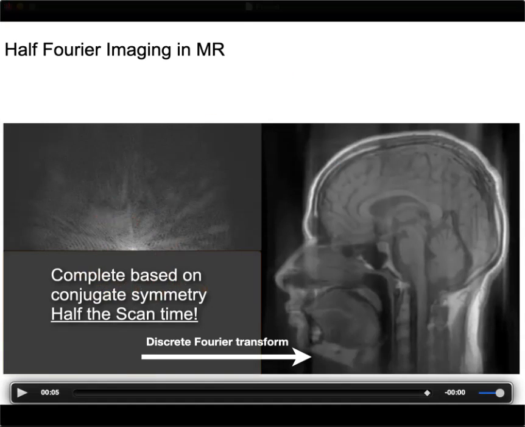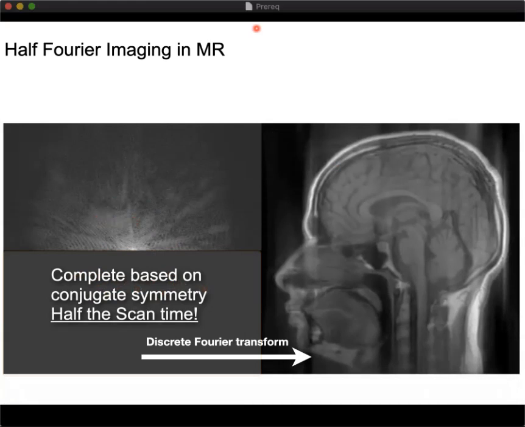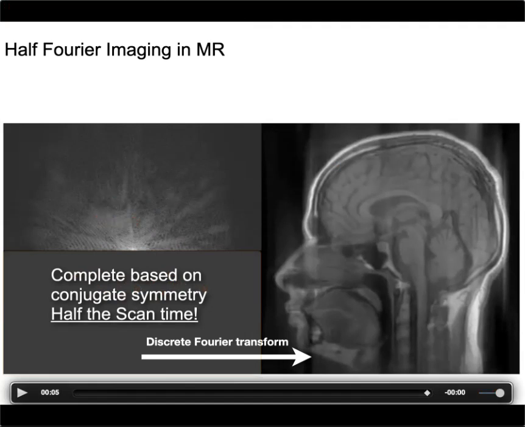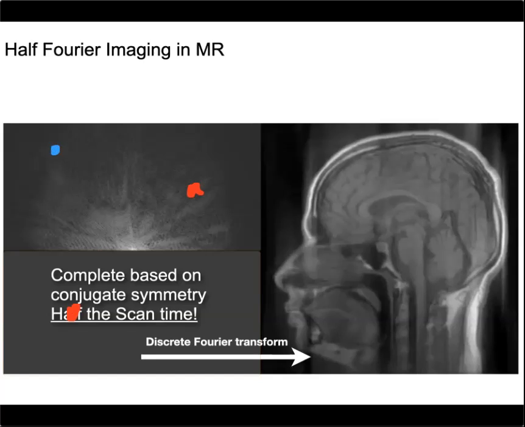And the conjugate symmetry, by the way, is represented such that, for example, this point over here should be conjugate symmetric with this point over here. And this point over here should be conjugate symmetric with this point over here.